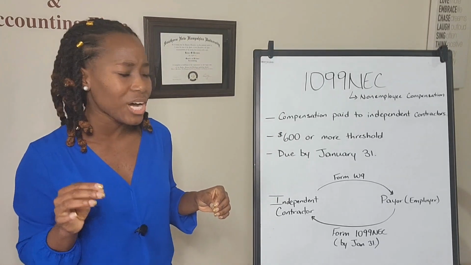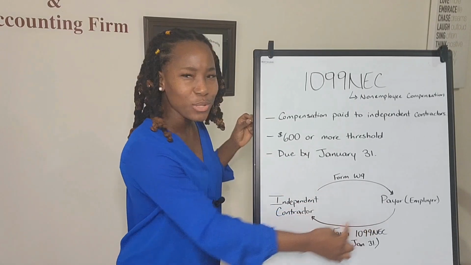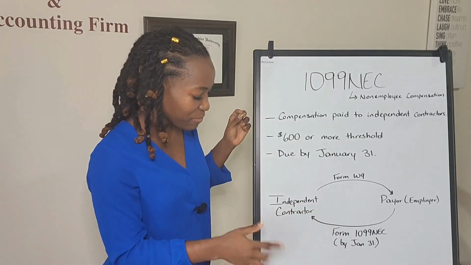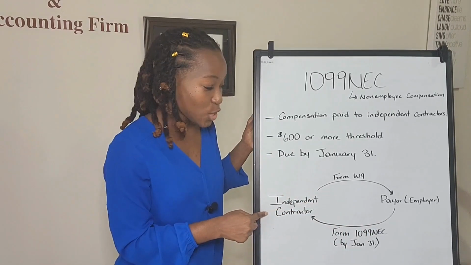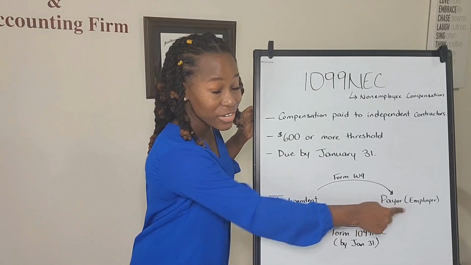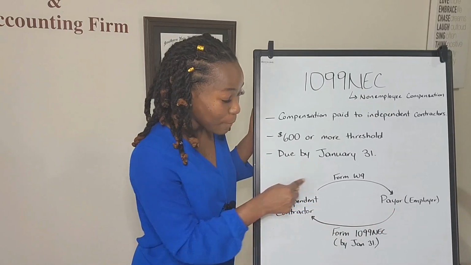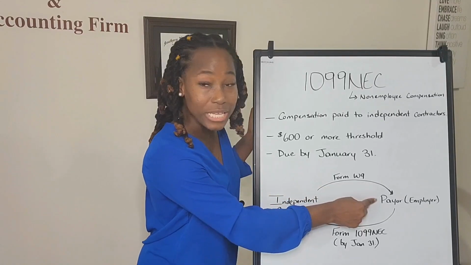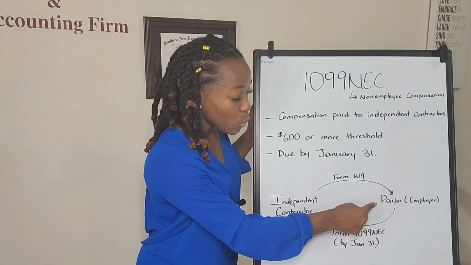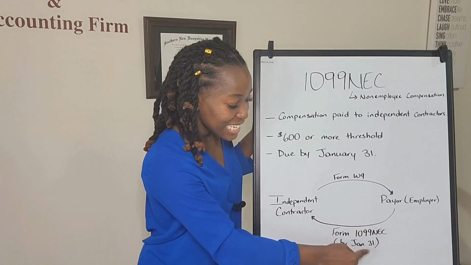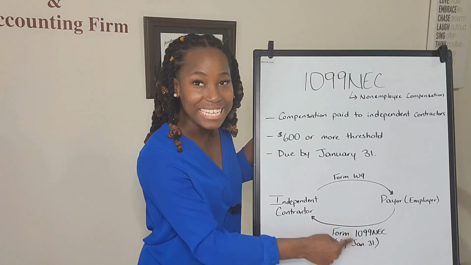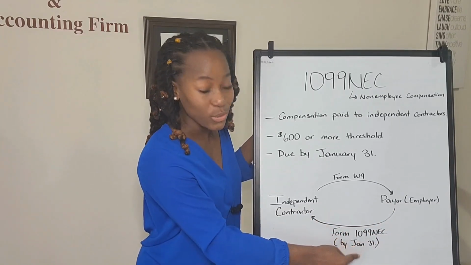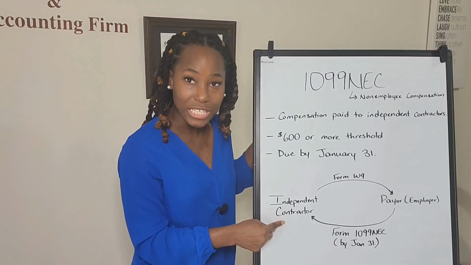What I also want you to understand is the flow of this little diagram here, okay? An independent contractor who's hired by a payer or an employer needs to complete and sign a Form W-9 and give it to the employer. Now, the employer at the end of the year needs to issue a Form 1099 NEC by January 31st to that independent contractor.